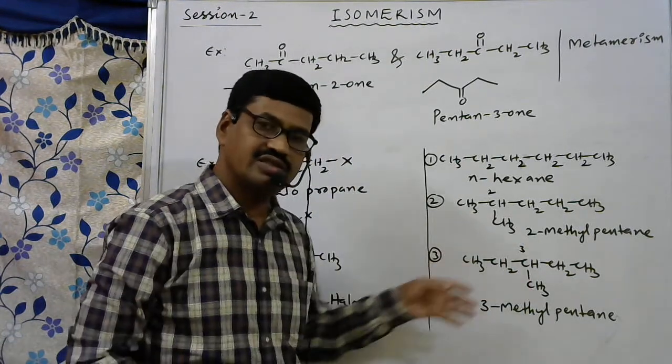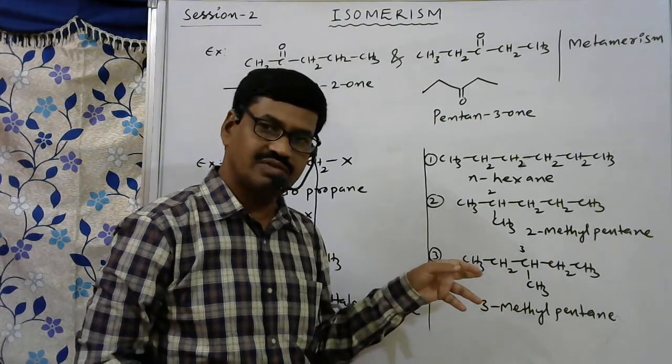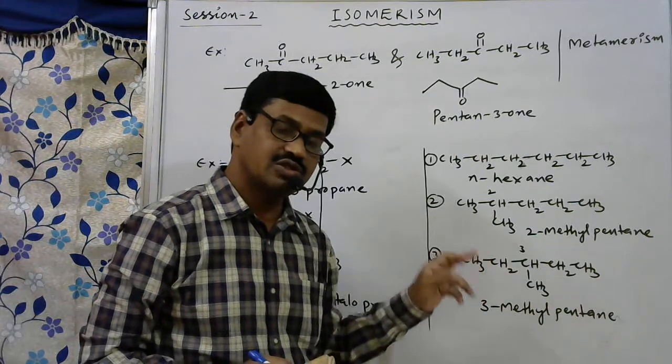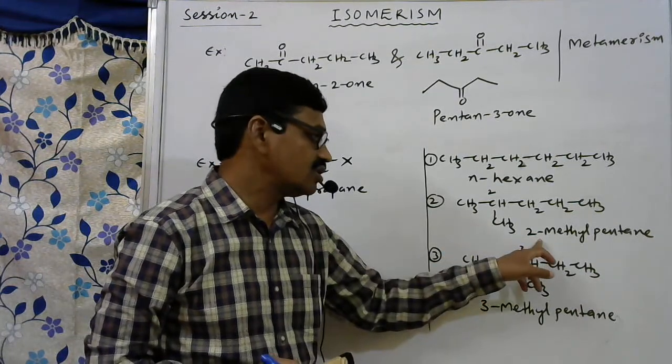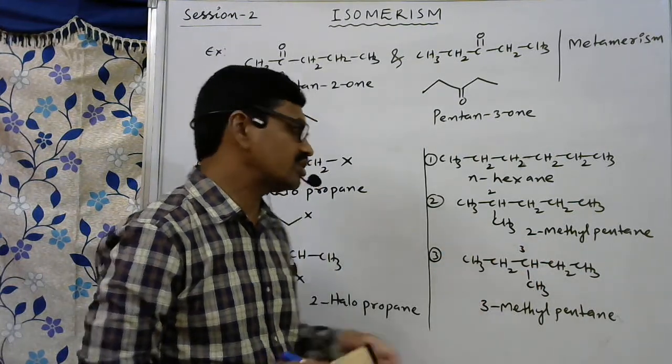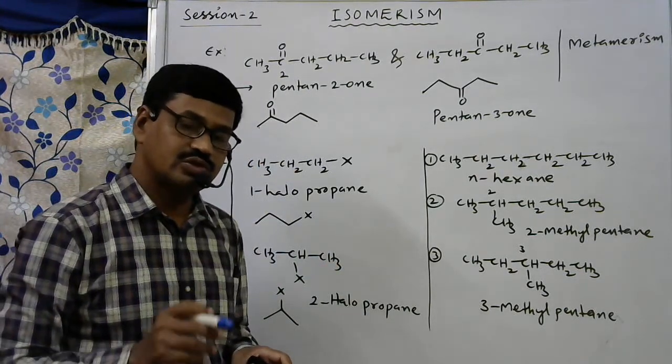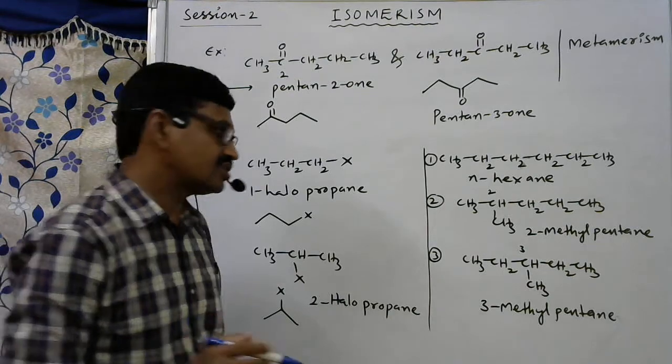Both have the same root word, that means the same parent chain, pentane, but there is a change in the position of the alkyl group: 2-methyl, 3-methyl. So the minimum number of carbons required to show position isomerism for alkanes is 6.